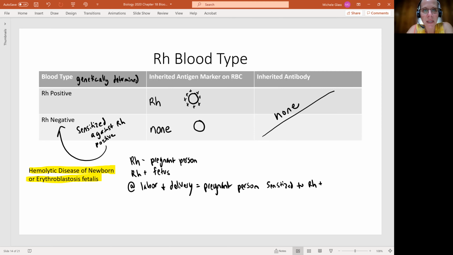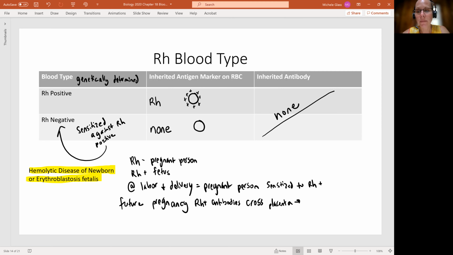The issue comes up the next pregnancy. So next pregnancy and all future pregnancies, I'm just going to say future pregnancy. These Rh positive antibodies are small enough to cross the placenta.